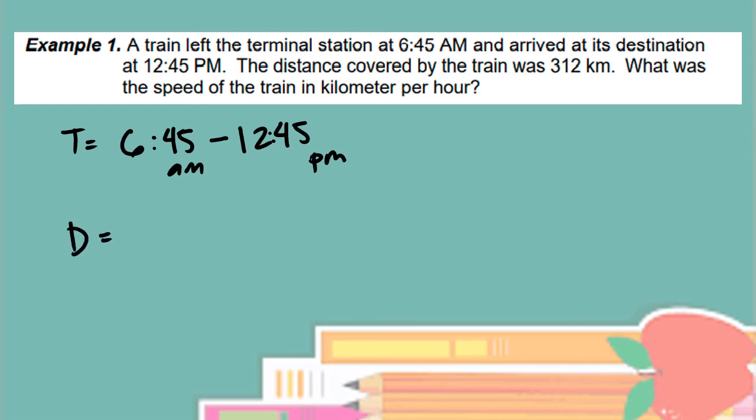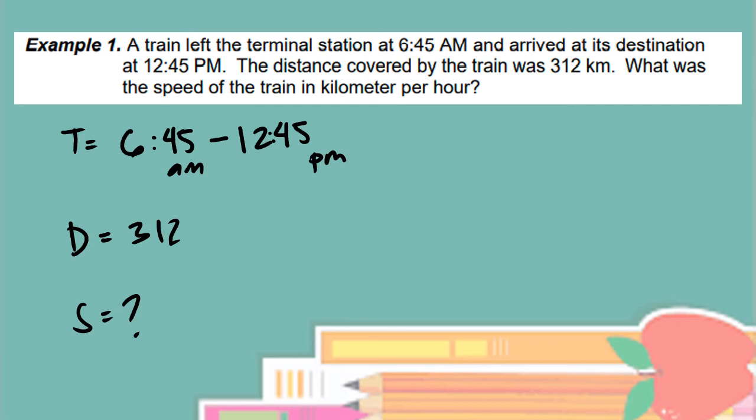So simply distance, 312. Now we cannot compute for speed because that's what is missing if we have a time like this, 6:45 to 12:45 p.m. So kailangan natin mahanap ano ba yung exact hours niyan. So let's count. 6:45 a.m. Let's count. 7:45, 8:45, 9:45, 10. Ang dami.